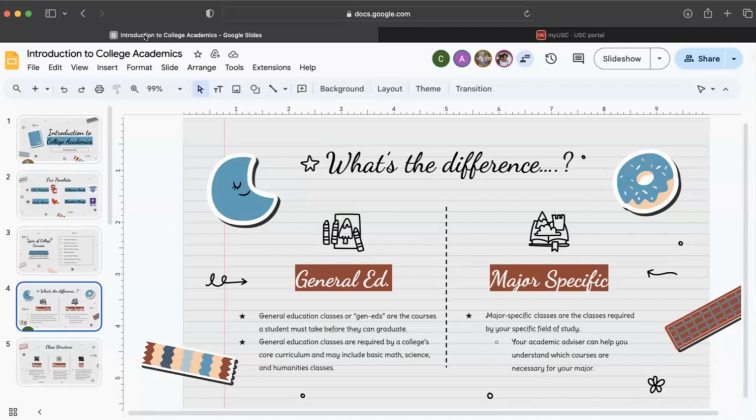And for a medical major, I don't know too much about medical courses, but think like an intro to biology of plants or something really specific. So it's things that are helping you build your specific field of study, and your academic advisor can help you understand which courses are necessary for your major and what can help you be on the best path to your professional career.